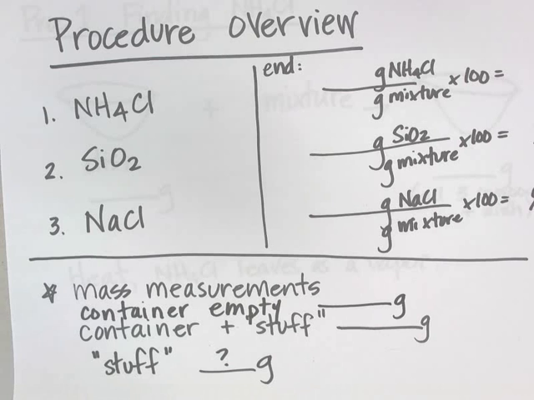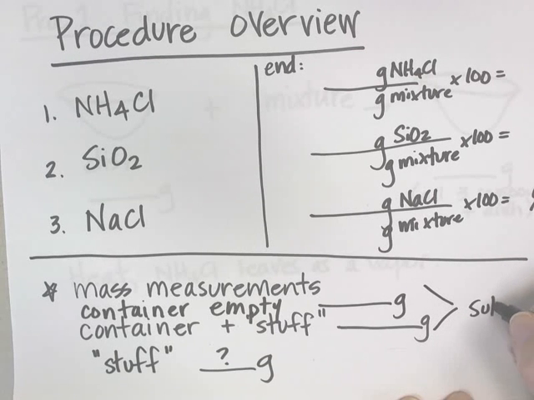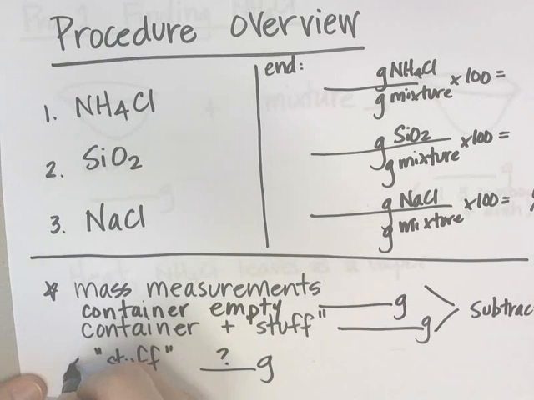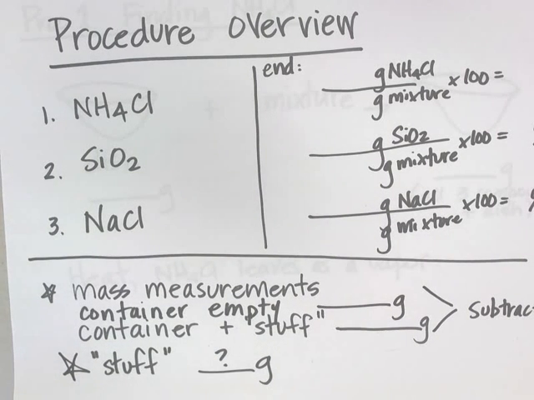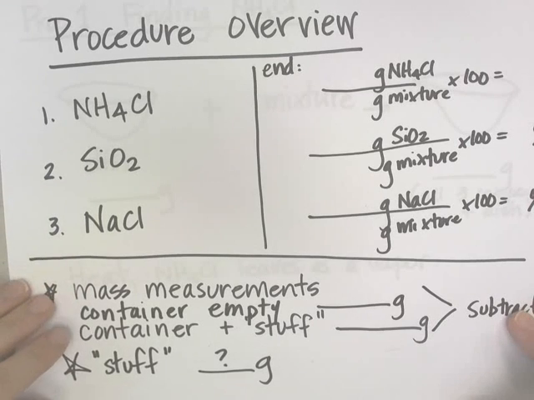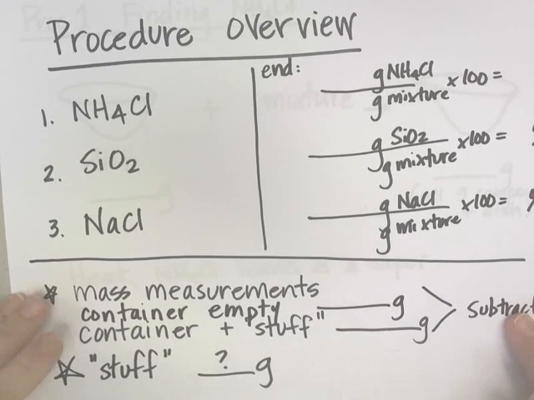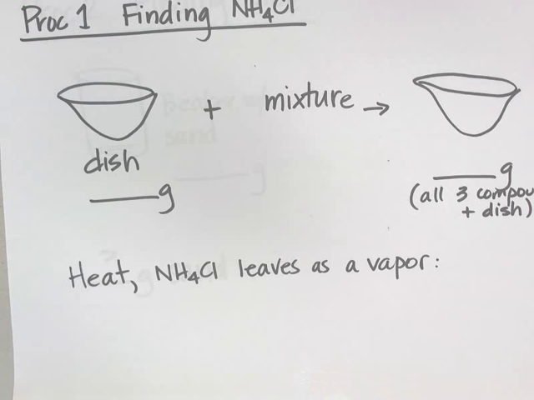So many times when we're looking at mass data, we'll need to know how much does the container weigh empty, how much does the container weigh with the stuff in it, and then we subtract these two, subtract out the empty container in order to find really what we're looking for, and that's how much stuff is in the container. So this is a technique and something you need to keep in mind when you're weighing something. You're also weighing the container that it's in.